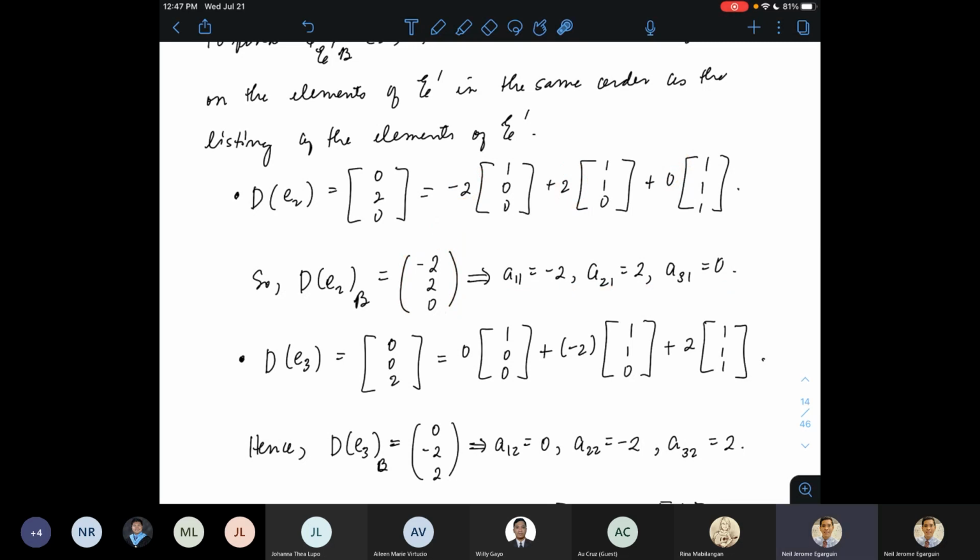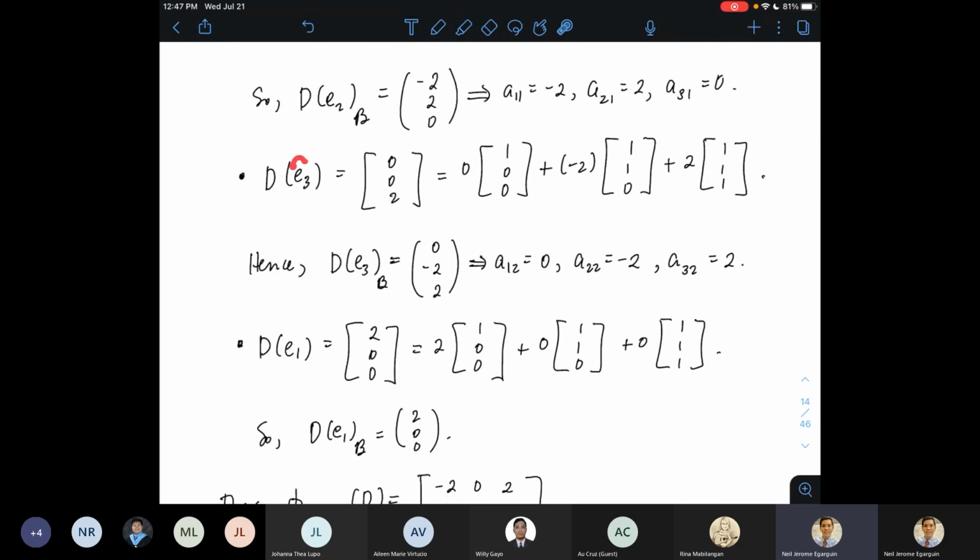All right? And then again, I'll do it for the other basis elements, again, in the right ordering. The second basis element for the domain is E3. Take its image. After computing the image, find the coordinates of that image with respect to the basis B. Now again, I'll need to find how can I write 0, 0, 2 as a linear combination of 1, 0, 0, 1, 1, 0, 1, 1, 1 in that order.